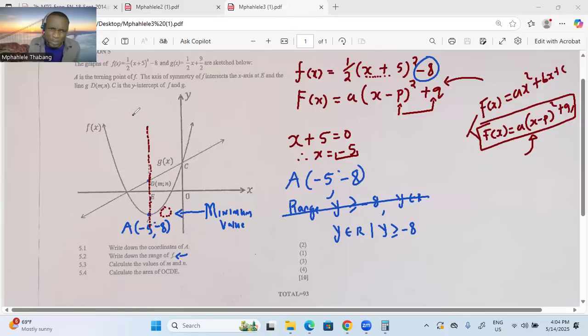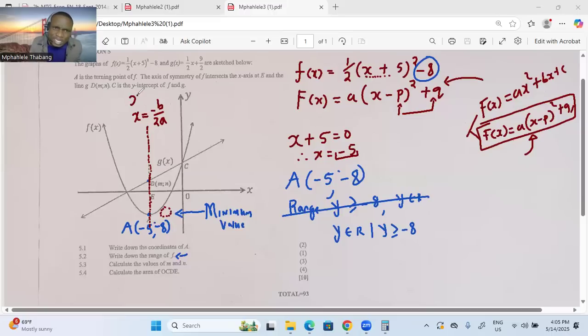The axis of symmetry of a quadratic graph is normally found by saying negative b over 2a. And negative b over 2a, we know, is the x turning point of a quadratic graph. So if you are calculating the x turning point of a quadratic function given in standard form, you can use negative b over 2a. But this time around, we do know this x turning point is negative 5.